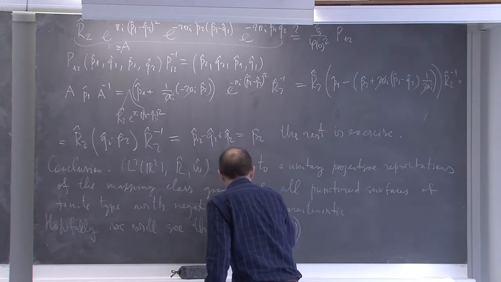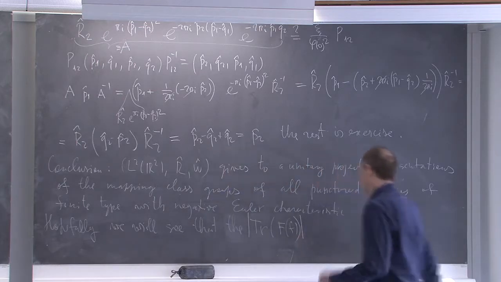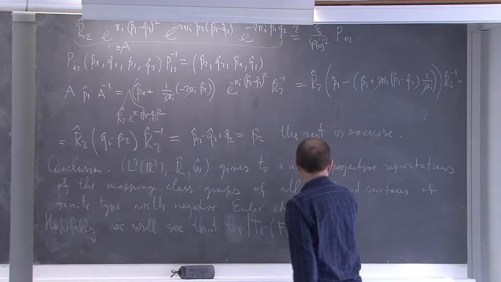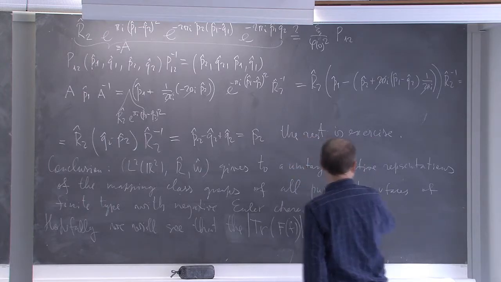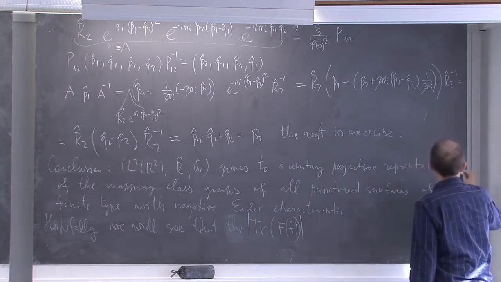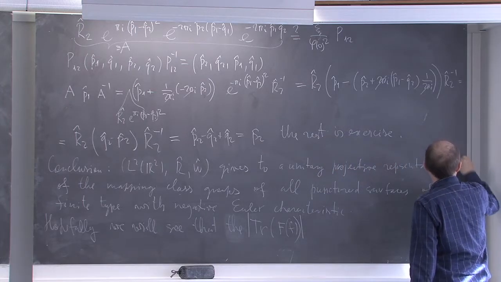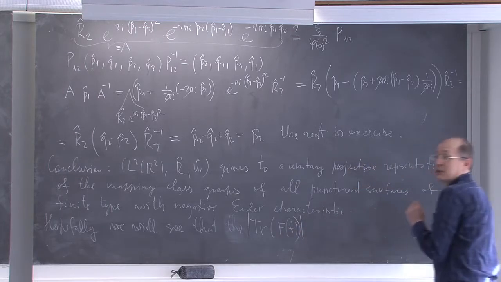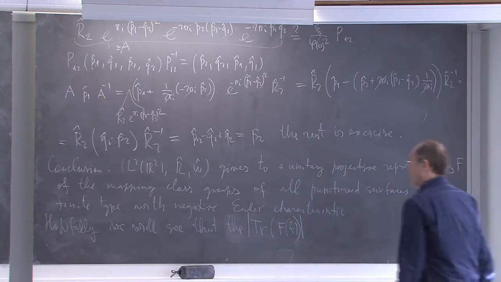Okay, let me put it this way. The absolute value of the trace of F, let me put it, mapping class projective representations F. Okay, so capital F is the representation we are talking about.